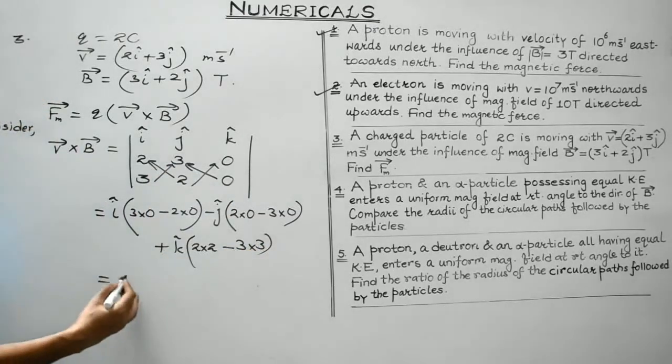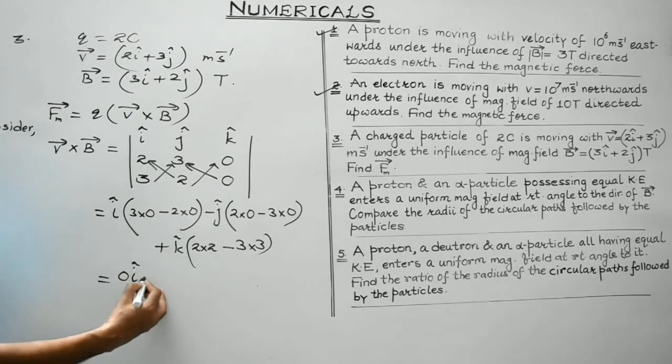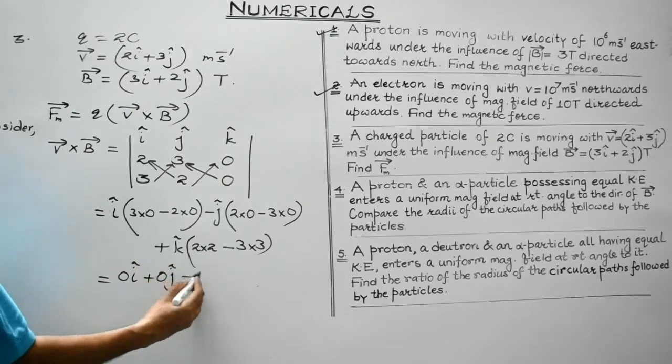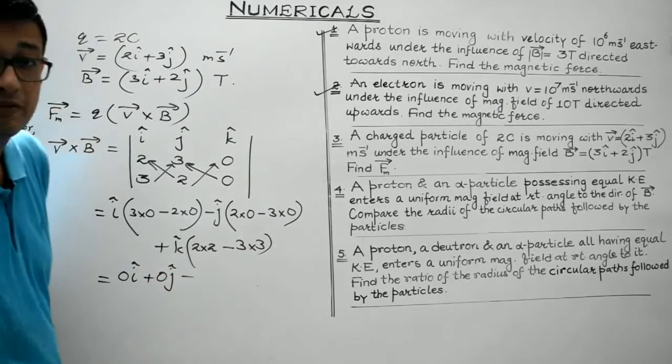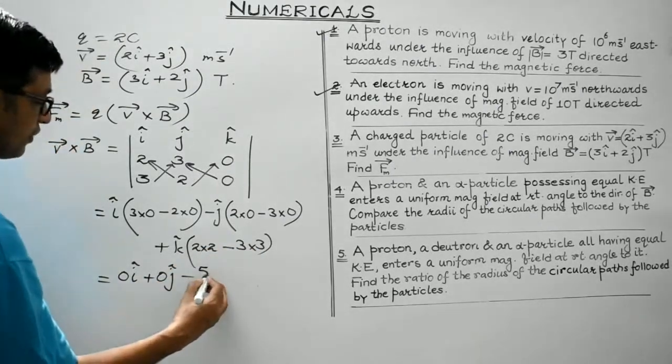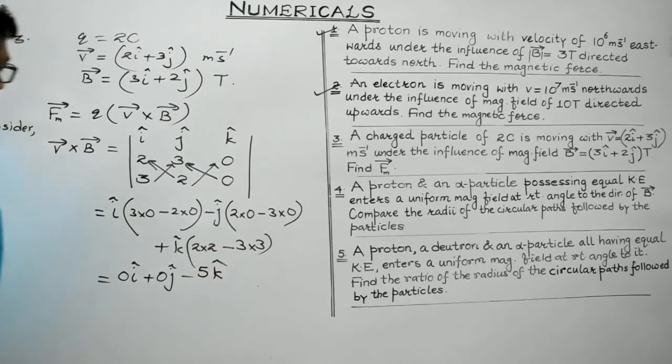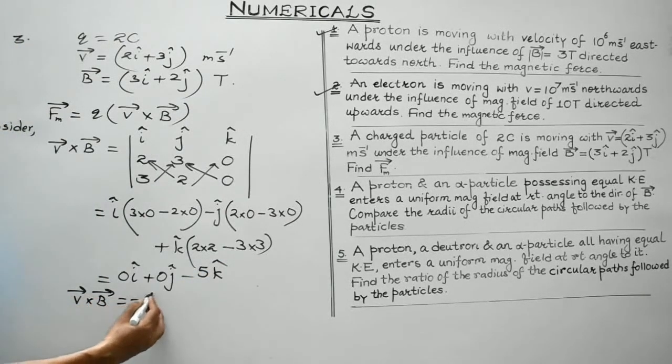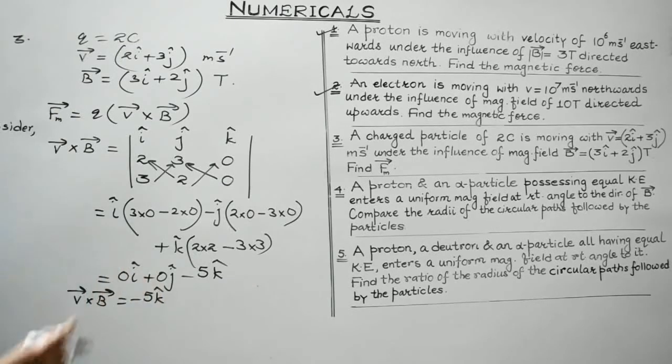So what we get is 0 i cap plus 0 j cap, and 4 minus 9 will give us minus 5 k cap. So students, v vector cross B vector is equal to minus 5 k cap.